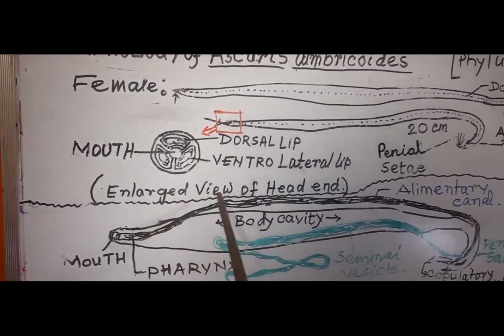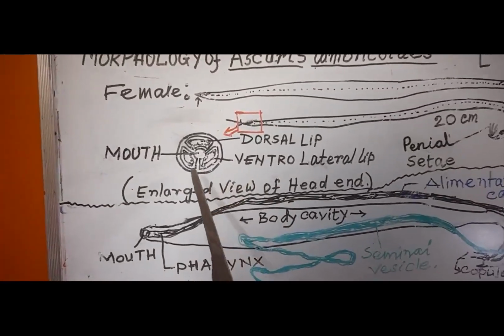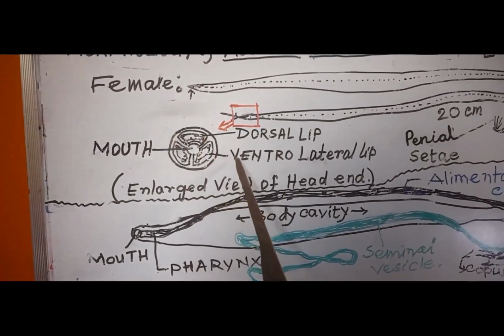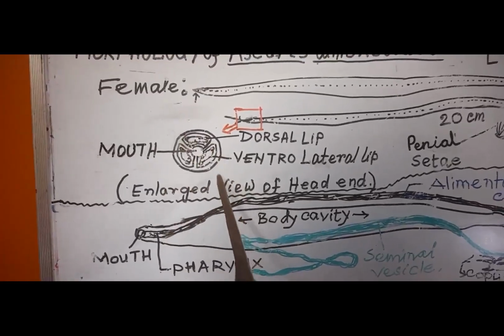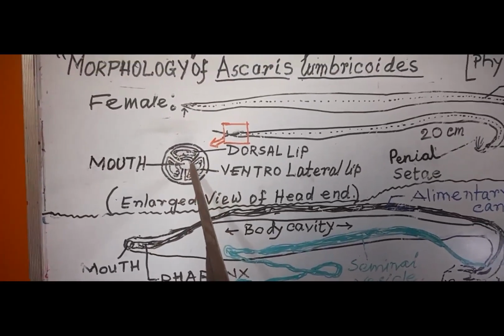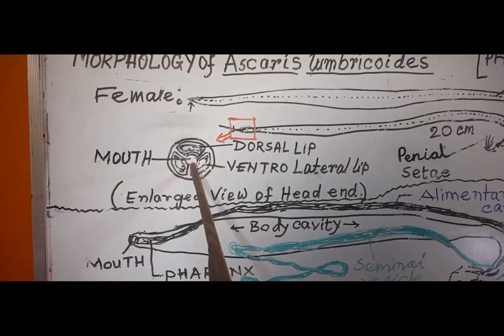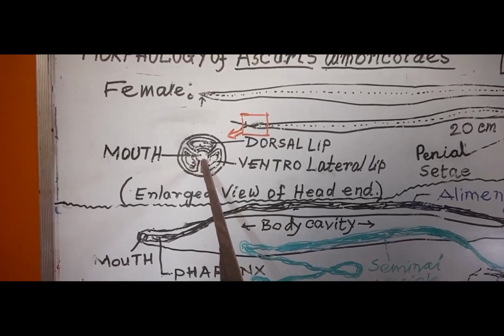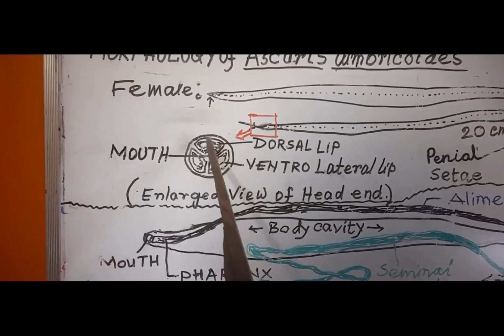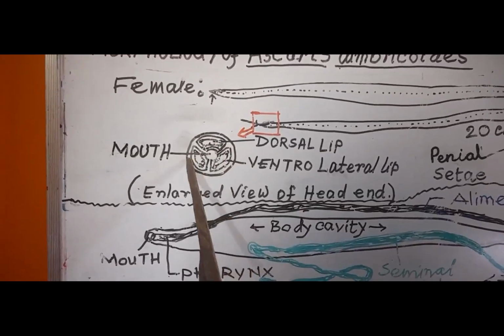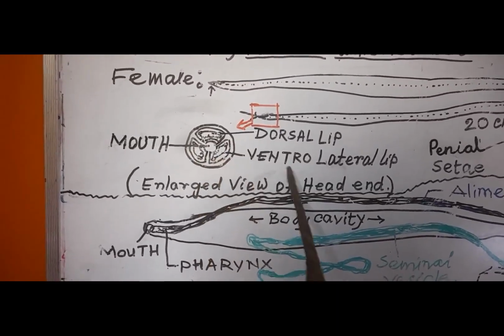This is the enlarged view of the head end, and the structure is globular in cross section. The central pore is the mouth, and surrounding it there are 3 lips, 1 dorsal lip and 2 ventrolateral lips.